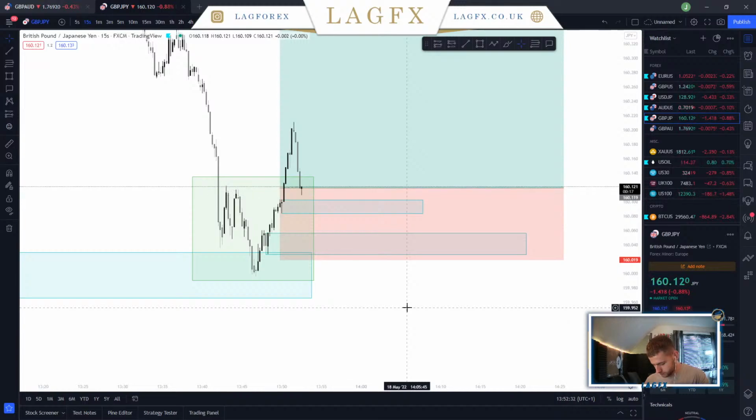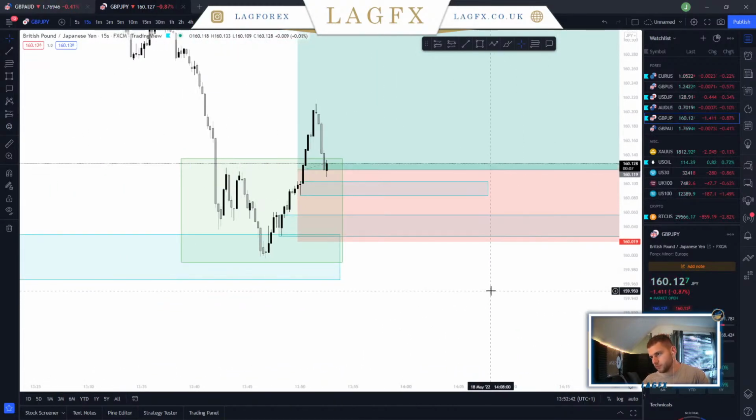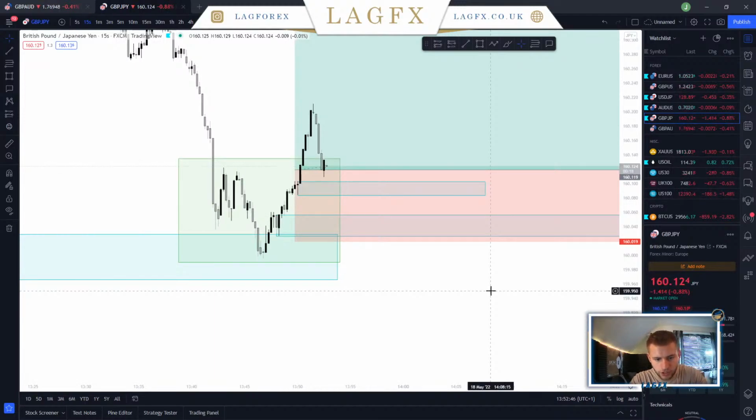So this is the Great British Pound again. Are we going to see price react anywhere is the real question. We've come back down to what could have been an original entry.